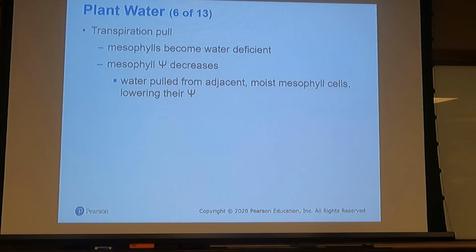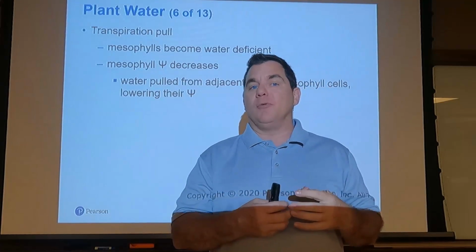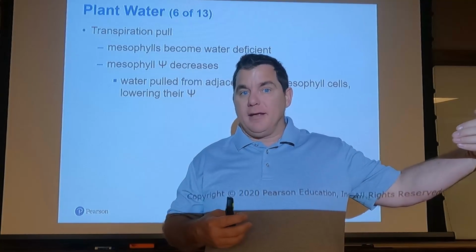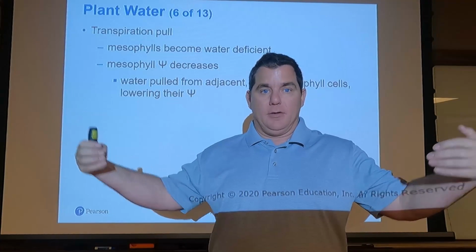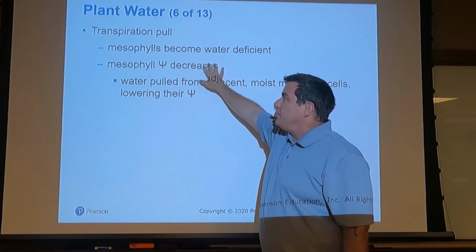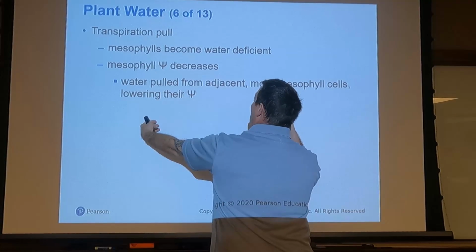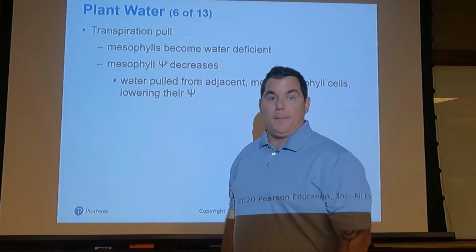So as our mesophyll side decreases, water will be pulled from adjacent mesophyll cells, lowering their side. And so remember, water is going to move from an area of high content to low content. So as we start to decrease the water content in, let's say, this mesophyll cell, water will move over there, right?